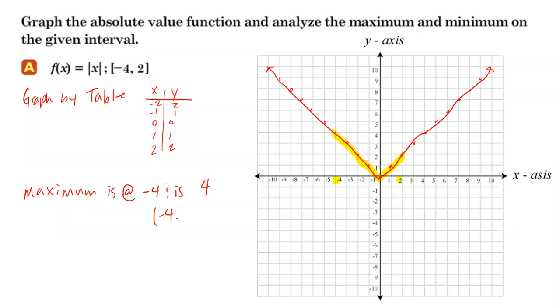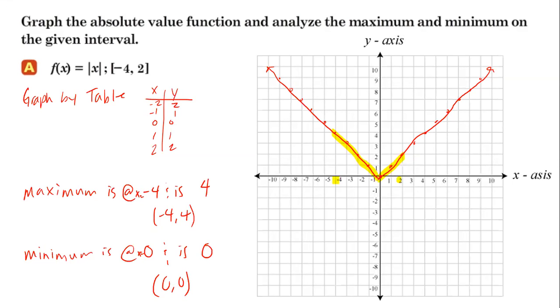So point -4, 4. That would be my maximum. My minimum is at x equals 0, I'm sorry, x equals 0, and y is 0, because it's at 0, 0.